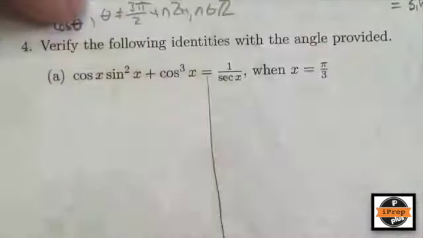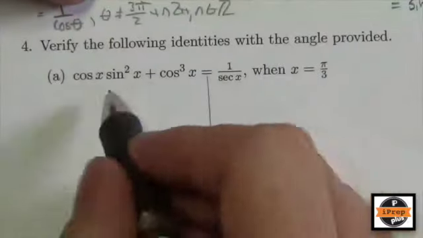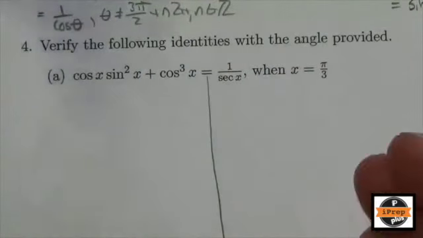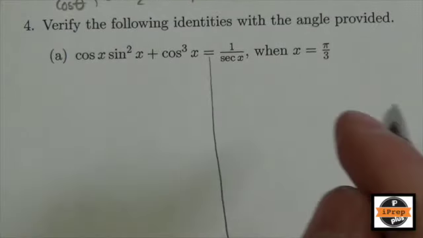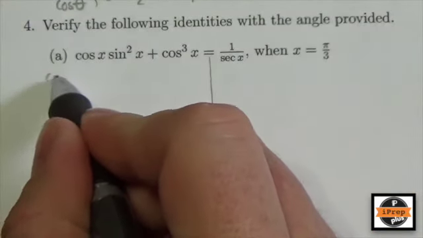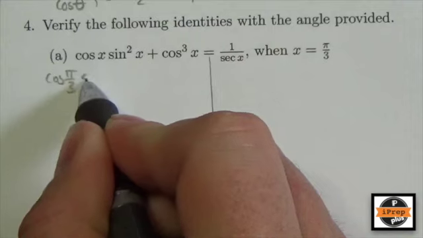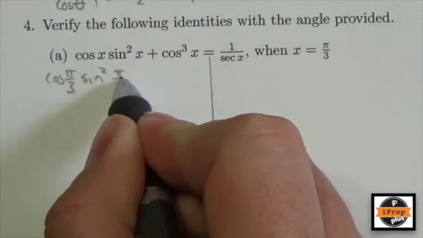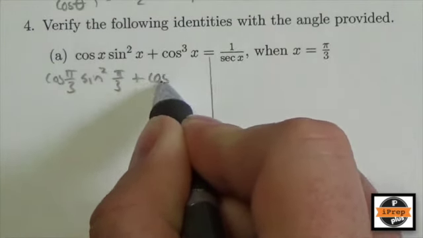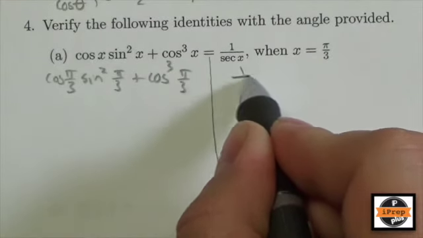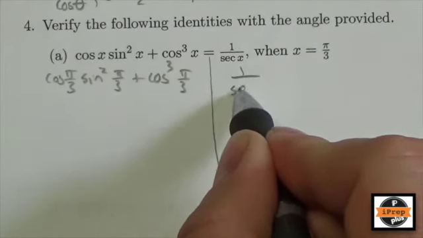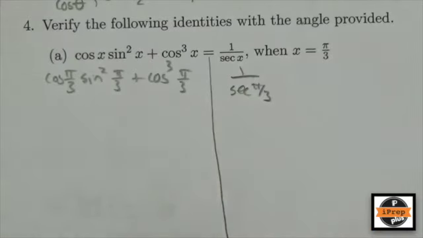So we're going to separate that out, plug the pi over 3 in, and hope that independently of each other, these two sides give us the same result. So we plug pi over 3 in. So this will become the cosine of pi over 3, the sine squared of pi over 3, plus the cosine cubed of pi over 3. And on the right-hand side, it'll be 1 over the secant of pi over 3.